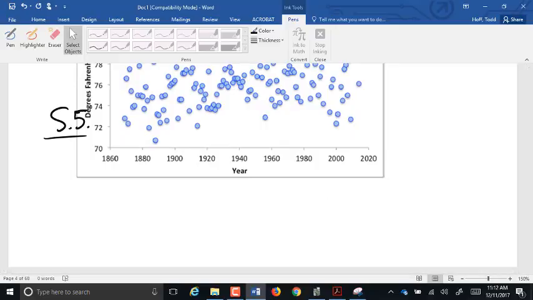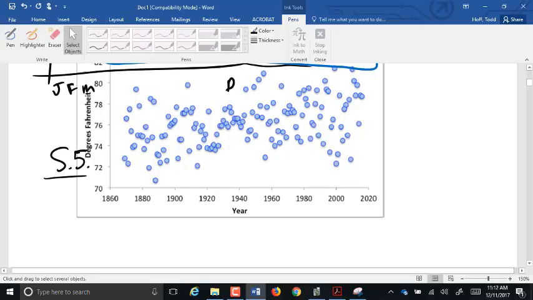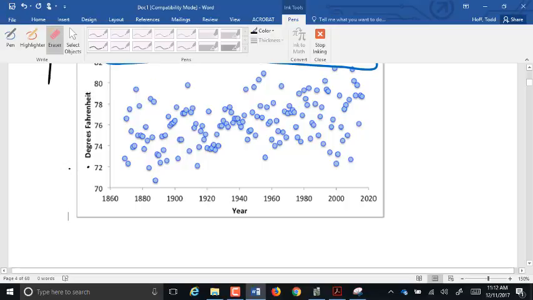So for this graph here, we're looking at the average temperature in the month of July in New York City.